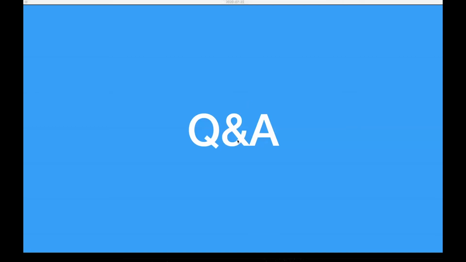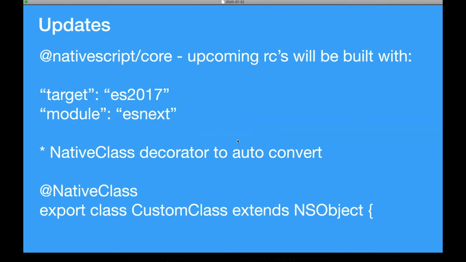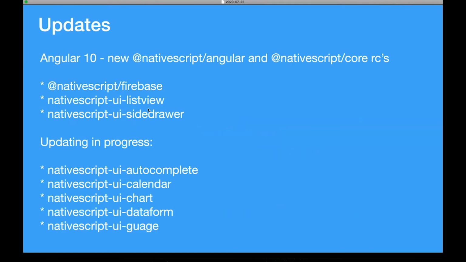There might be a few other outliers out there, and then I think just still the plugin updates that we're helping to provide full compliance. It's worth stating that NGCC is still relevant. For plugins that aren't built with Ivy support, you can still use NGCC to tie those in. In particular, UI-listview and UI-sidedrawer, we used ng-packager to bring full Ivy compliance.